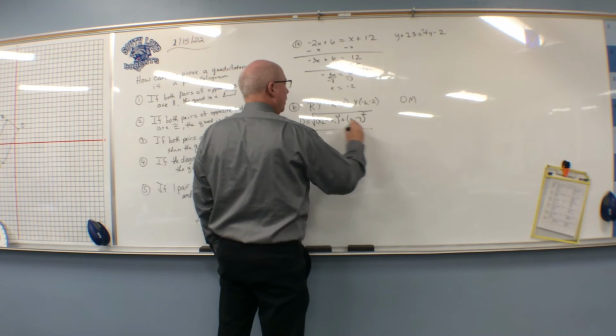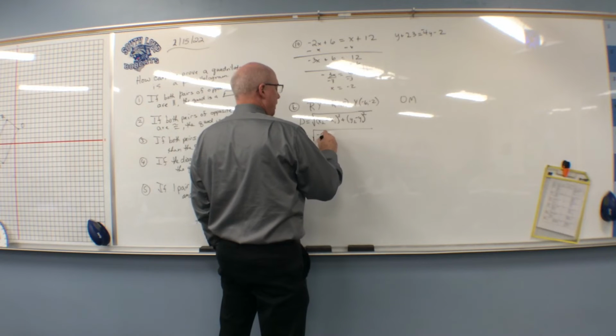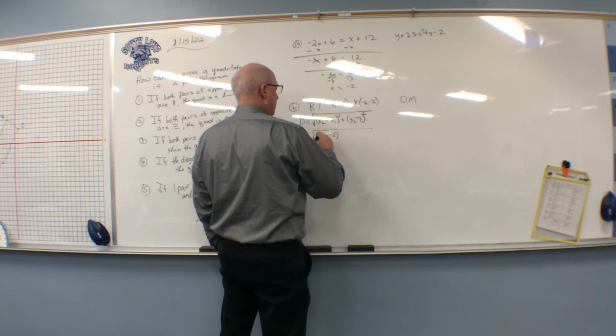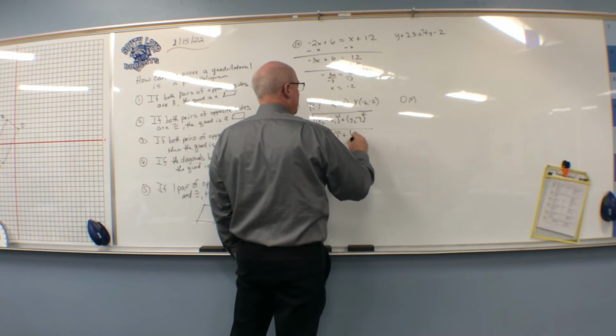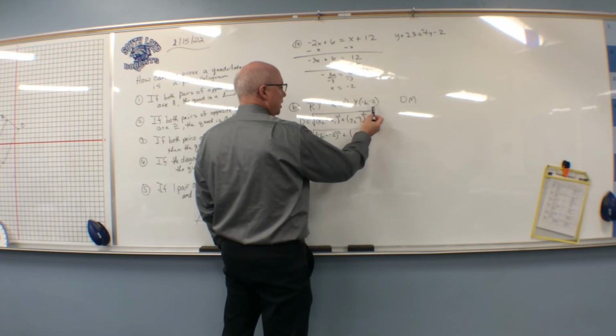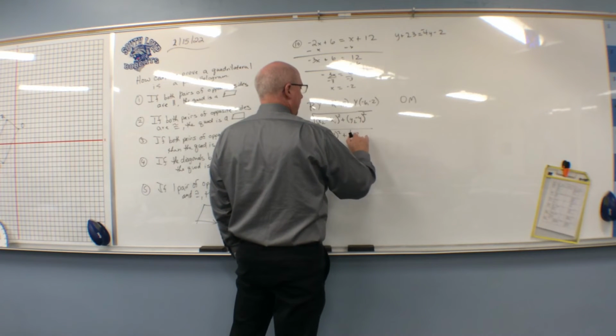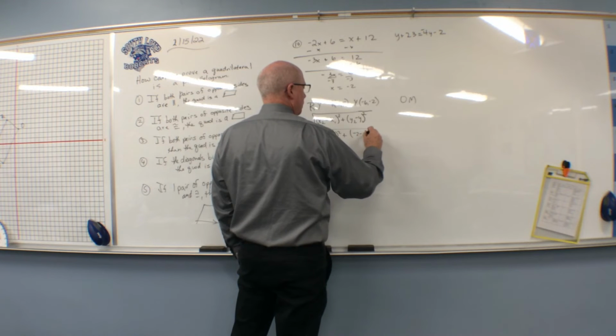Alright, let's find the distance. I'm going to take the square root of x sub 2, it doesn't matter, so I'm going to take negative 6 minus negative 2, quantity squared, plus the y. If I took the negative 6 first, then I have to take the negative 2 minus a negative 2 squared. We good?